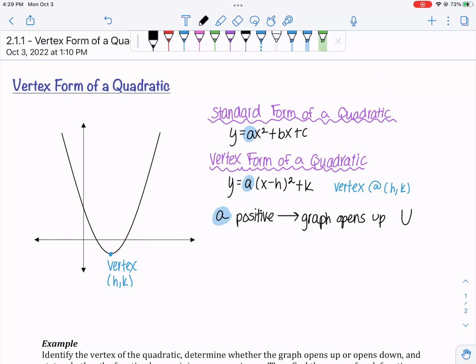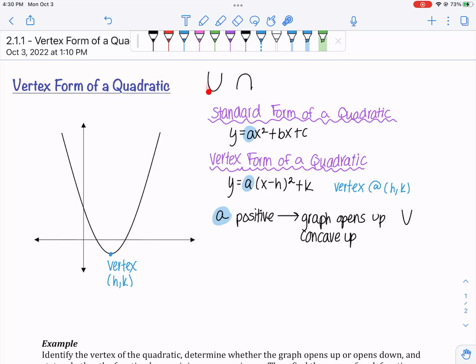That means you're going to see something like the graph we have in front of us already. It opens upward like this. We say that this shape is concave up. Concavity is essentially these two different shapes here: this shape is concave up, and this shape is concave down.